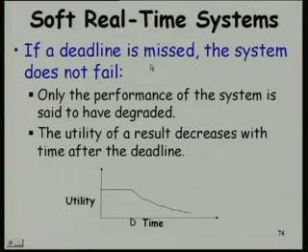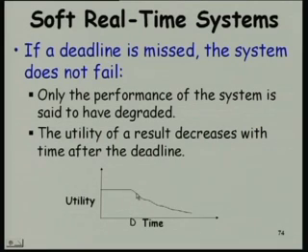But what about soft real time? In a soft real time application, if a deadline is missed, the system does not fail, just like a firm real time system. But the difference is that the result is still used even after the deadline has passed.